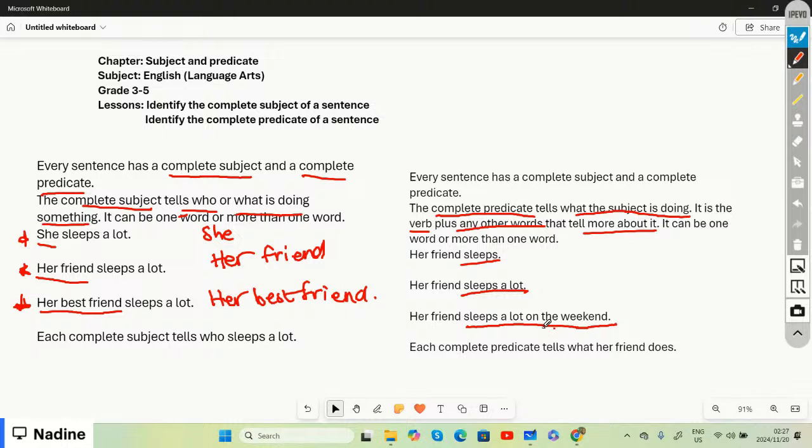And each of these completed predicates tells us what the friend does.